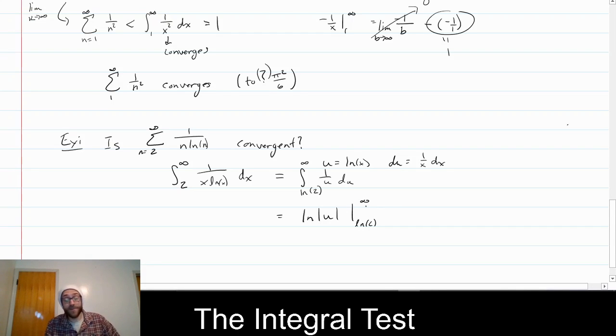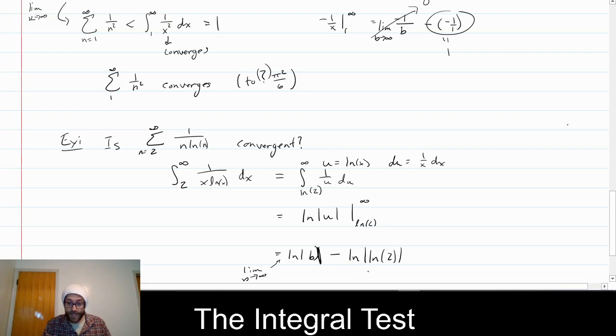And now we're concerned about convergence and divergence. So we don't actually care what number it converges to if it converges. So we're going to be looking at the log of b, and we'll take over here the limit as b approaches infinity minus the natural log of the natural log of 2. Well, natural log of 2 is a number, and it is non-zero, and it's non-negative.